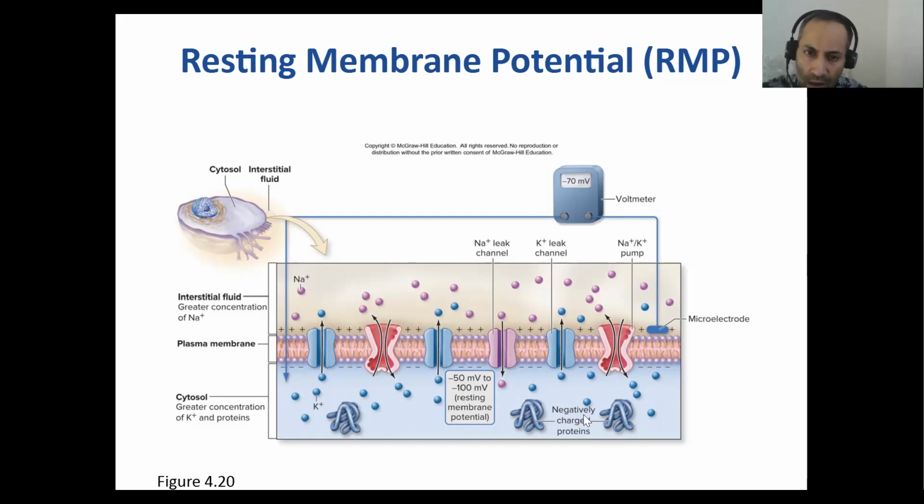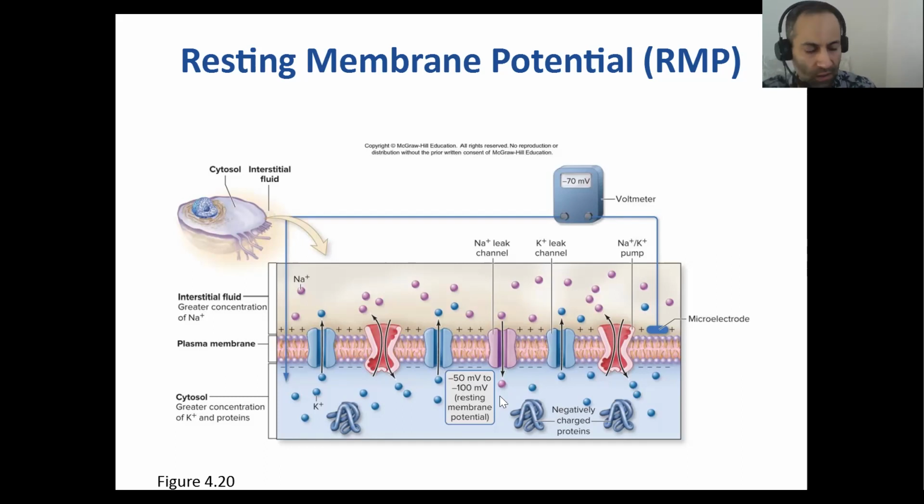At the same time, you also have sodium and potassium leak channels. When the sodium leak channels open up, all of the sodium from outside starts moving in, because it was being kicked out by the sodium potassium pump. It's all gathered up waiting to get back inside. As soon as the sodium leak channels open up, it starts moving in, causing the inside to become more positive.